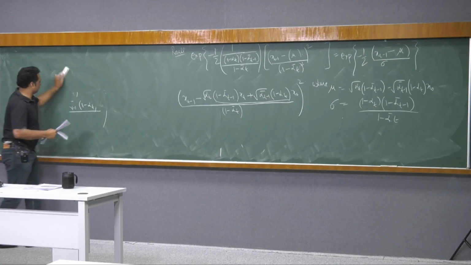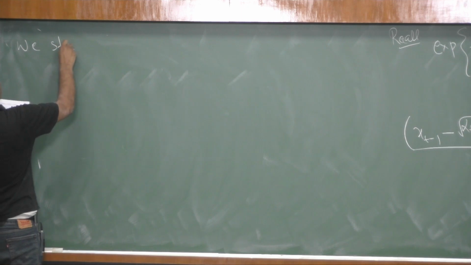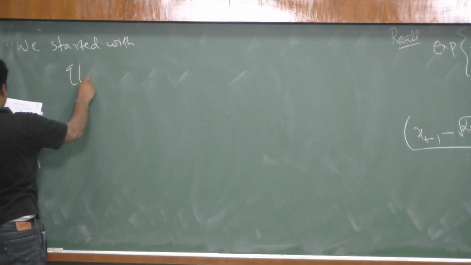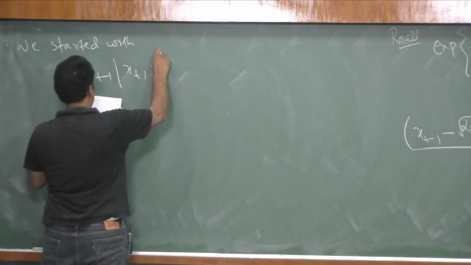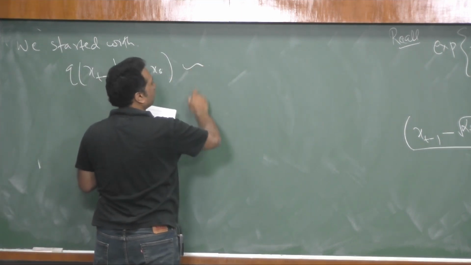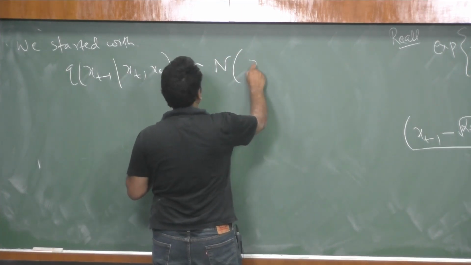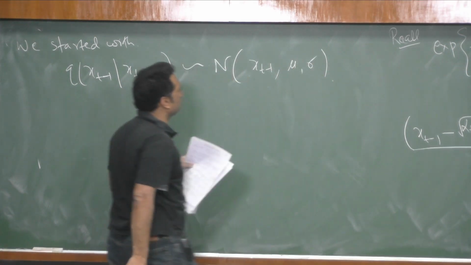So what was that term we were focusing on? We started with q(x_{t-1} | x_t, x_0), and we found that this is the normal with x_{t-1} as a sample and mu and sigma as defined there.